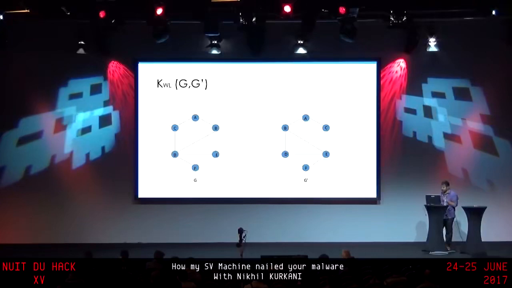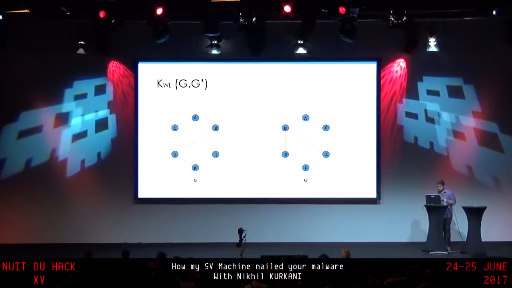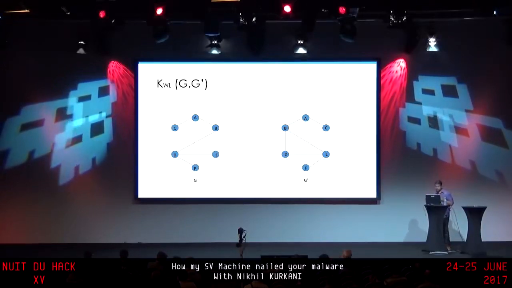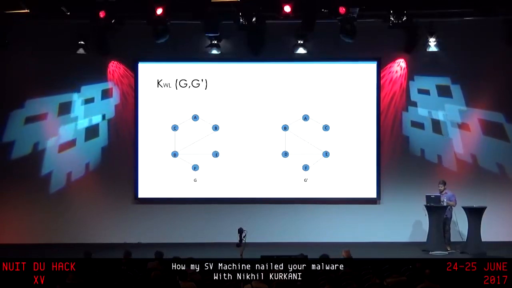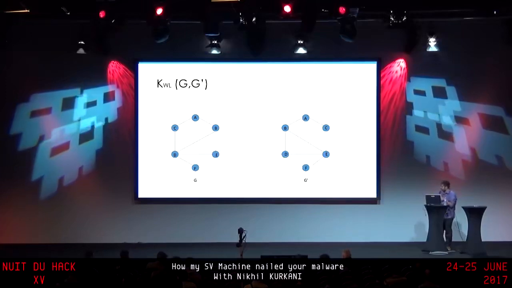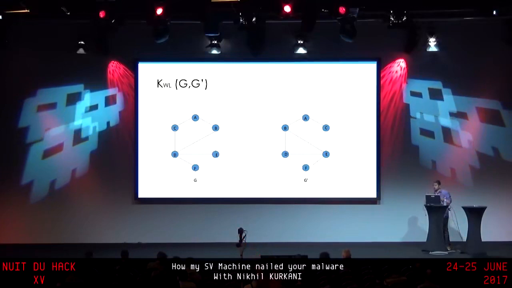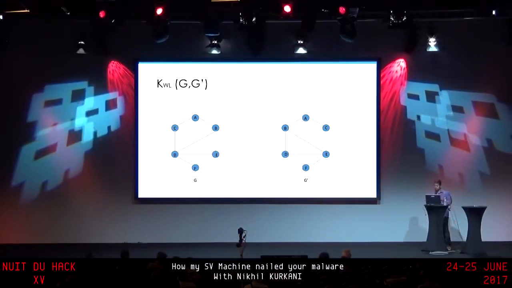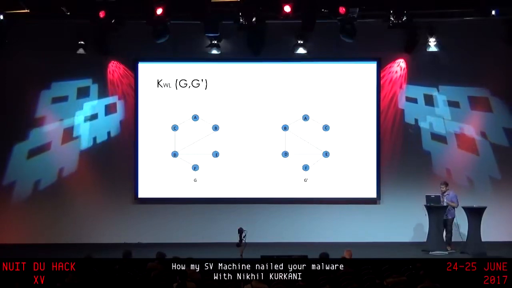Looking into the G and G prime, first we search for the label functions and their frequencies, the number of times these different nodes have occurred. For example, take G and G prime, where we have these frequency vectors in terms of the functions. Once we are done with that, we compute a dot product to see how similar they are based on the number of occurrences.